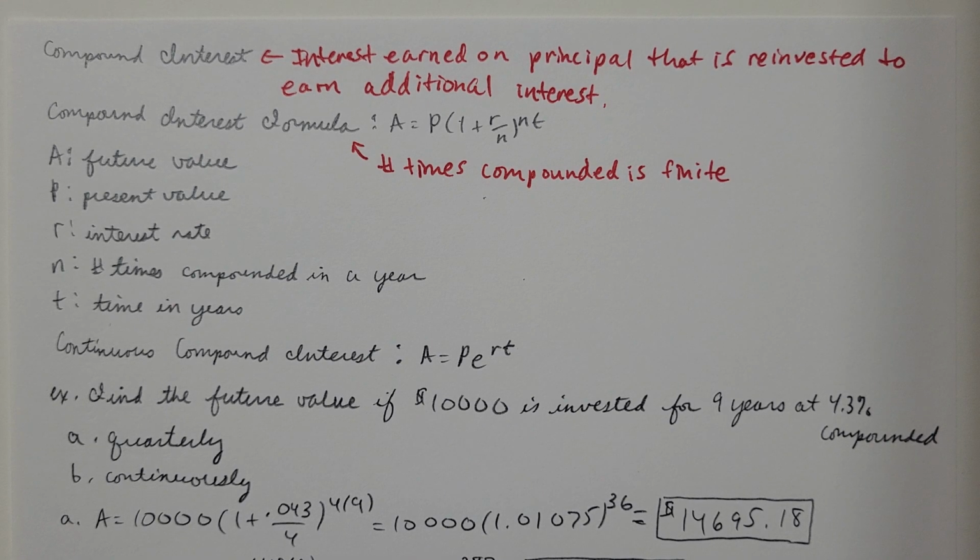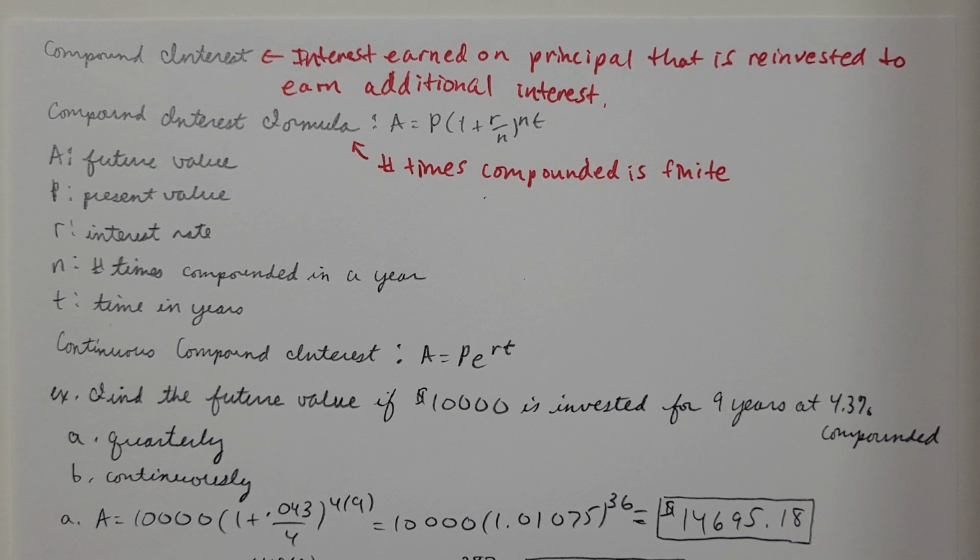And sometimes we have interest that's compounded continuously. What that means is that you're compounding every second on the second. So not just like 4 times in the year, you're going to gain additional money, but every second on the second, you're going to gain additional money.